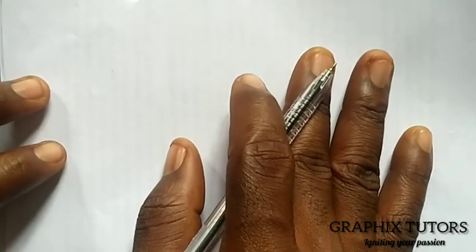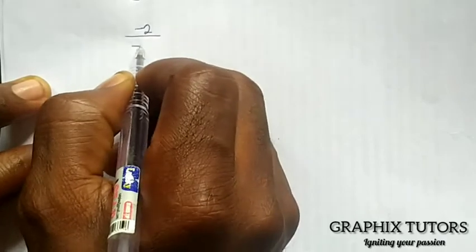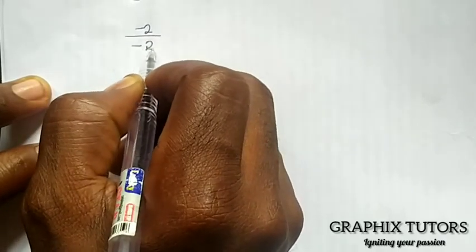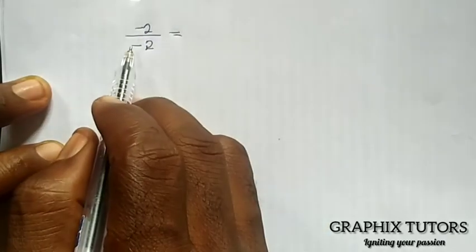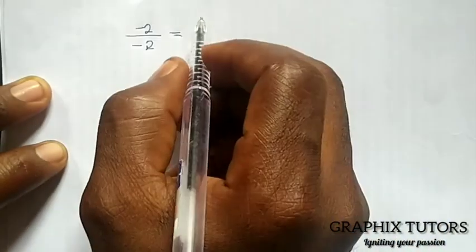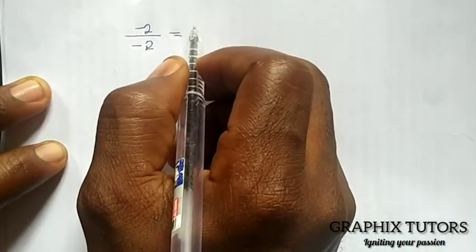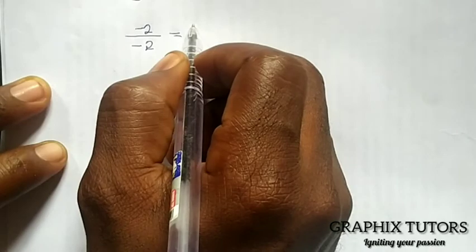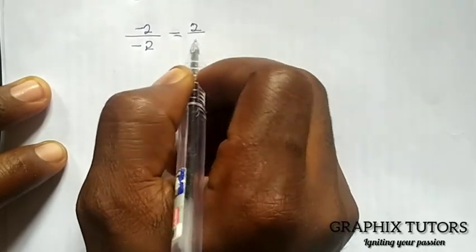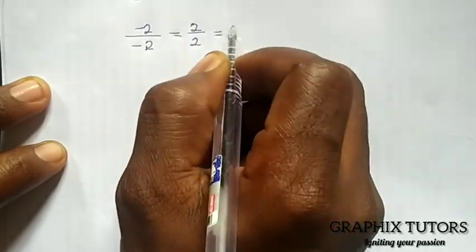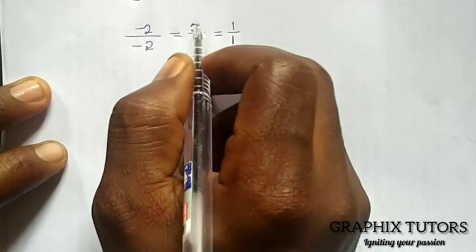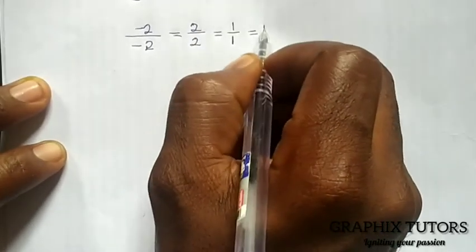If I say minus 2 over minus 2. Since it is negative over negative, just know your answer is what? Positive. So it will be 2 all over 2, which will give us 1 over 1, because 2 divided by 2 is 1 over 1, and we're having 1.